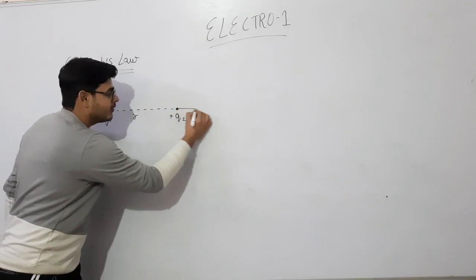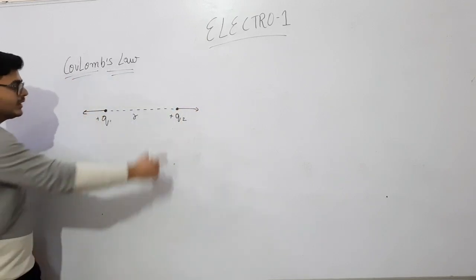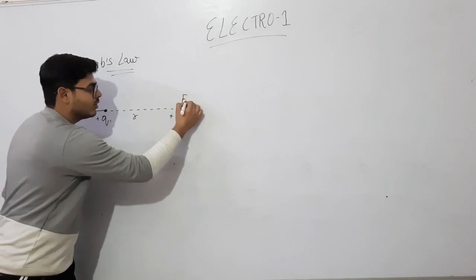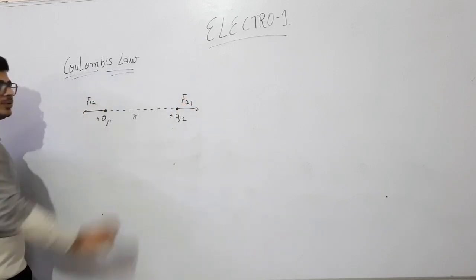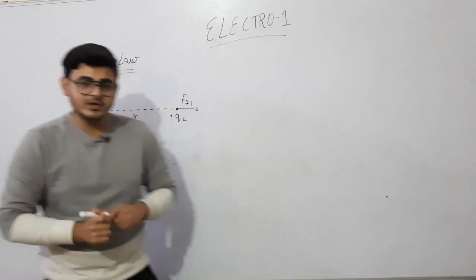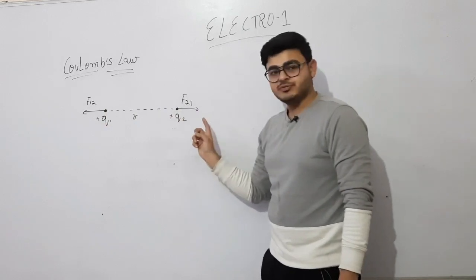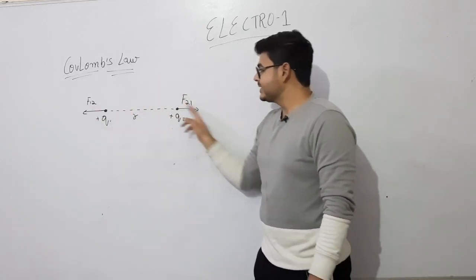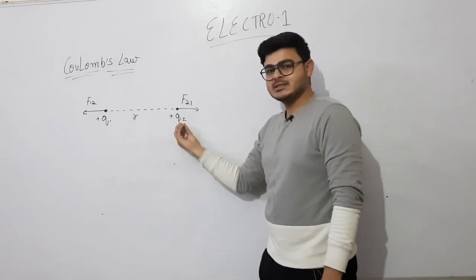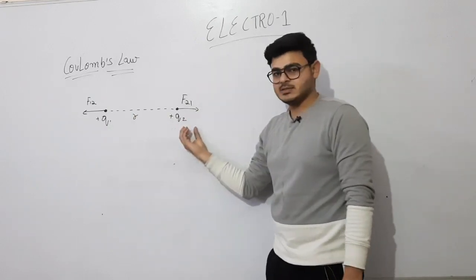So we have a repulsive force here and here, and this force is given by force on 2 due to 1, and this is force on 1 due to 2, right? There are two positive charges, there is repulsion force, this charge is repelled by this and this charge is repelled by this.